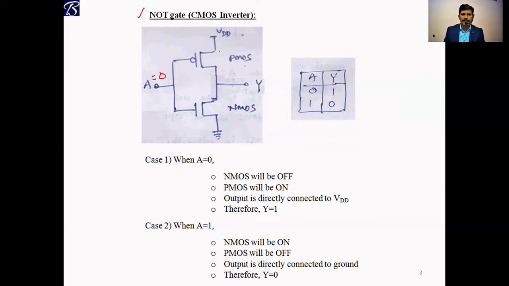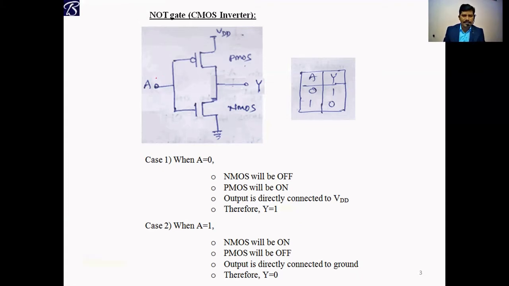Because of this bubble, this will be on and this will be off. Since VDD is connected to Y, it is logic 5 volts, or otherwise 1. Output is 1. That's why it acts as an inverter. When input is 0, output is 1.